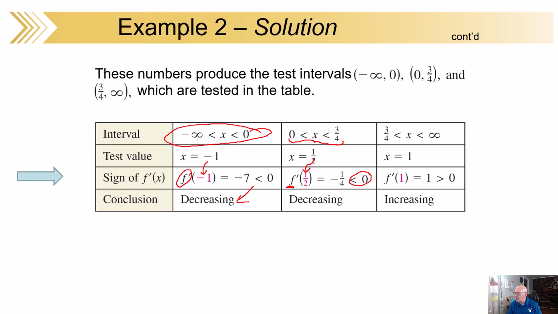Third, from 3/4 to positive infinity, we picked a 1, we put that in the derivative, and we get a +1. Because it's positive, not because it's 1, that means the function is increasing everywhere in that interval.